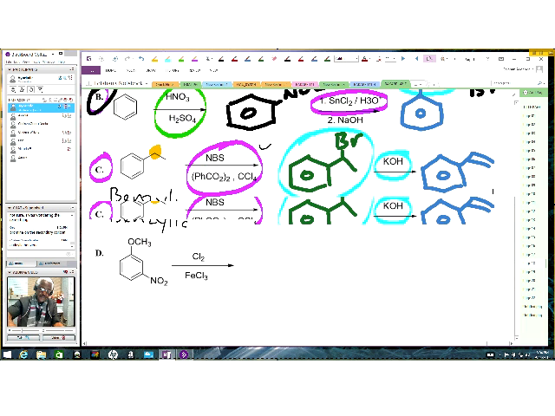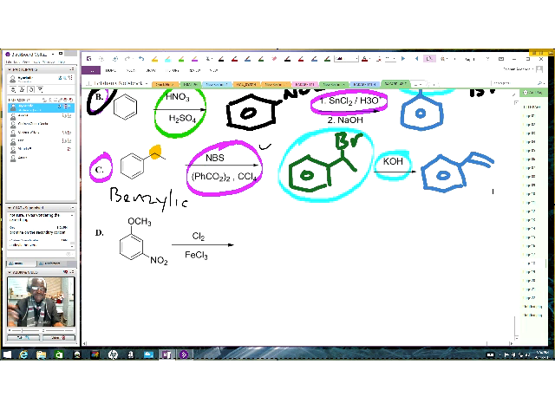The last question here: we are supposed to react this compound here, which is the nitroanisole, or M-nitroanisole.